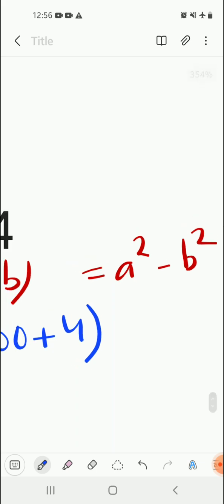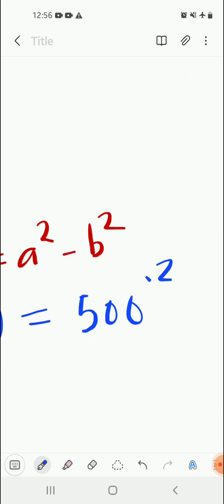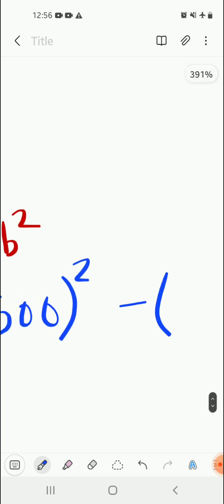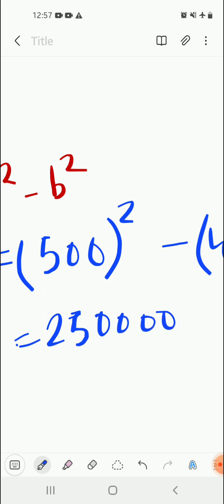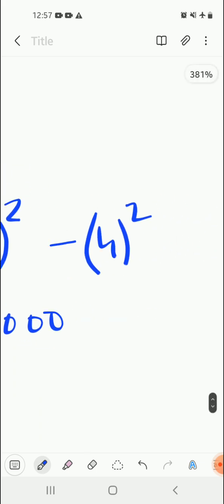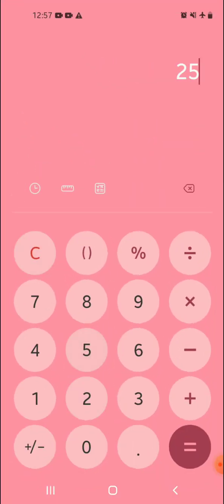So having said that, this would be a square, that is 500 square minus 4 square. So 500 square is 250000 minus 4 square is 16. So let's do it. 250000 minus 16, so we get 249984.